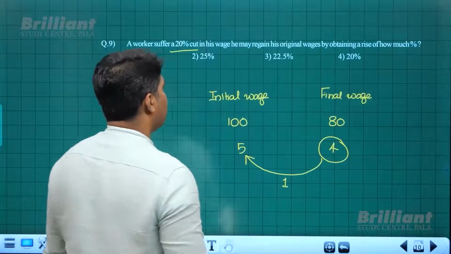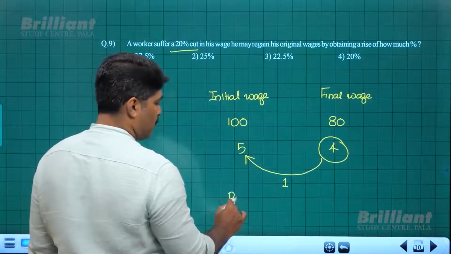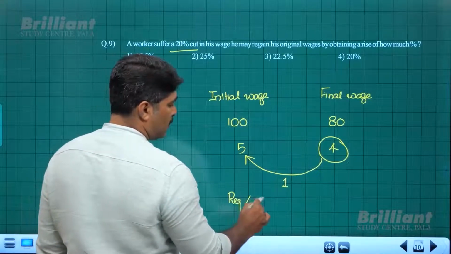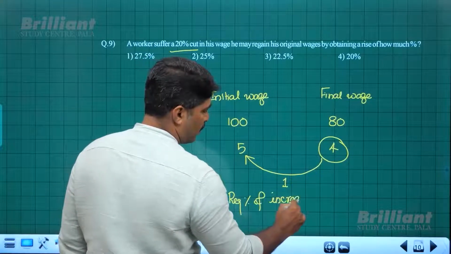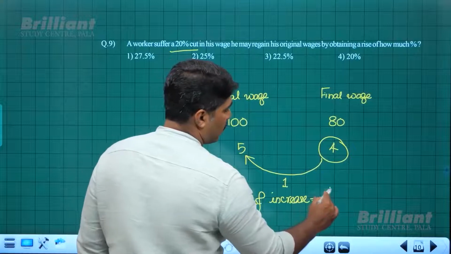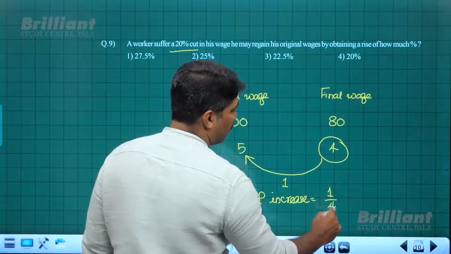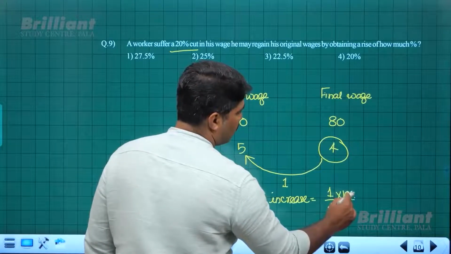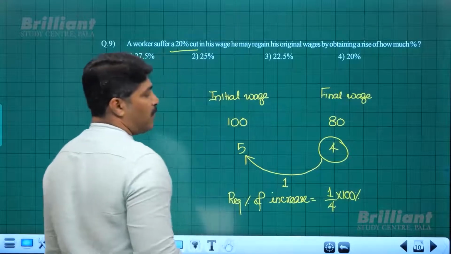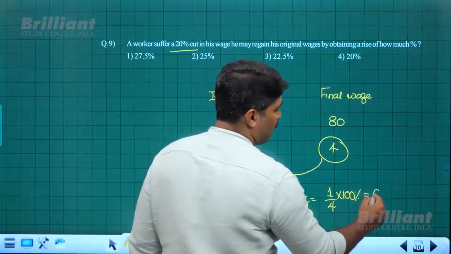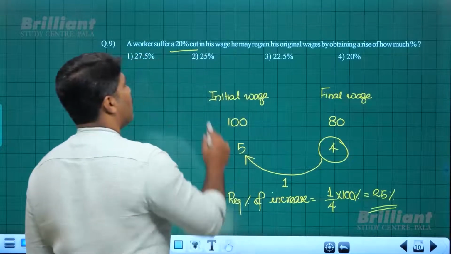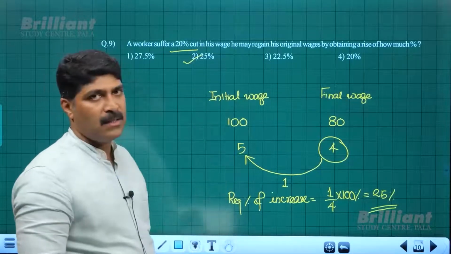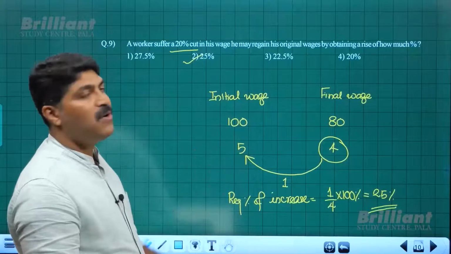So therefore the required percentage of increase is equal to 1 by 4 into 100%. So what is 1 by 4 into 100%? So that is equal to 25%. So that's an important concept. So that's an inverse type of approach here.